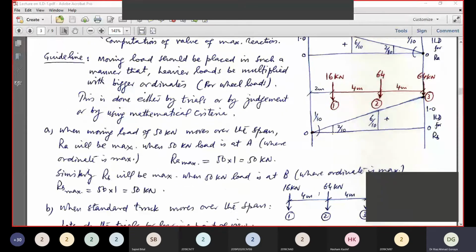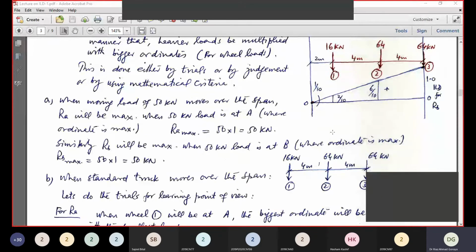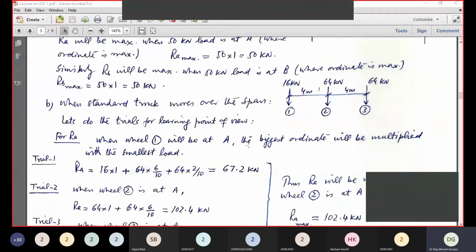So the first trial, when the wheel 1 is at A, 16 into 1 plus 64 into 6 over 10 plus 64 into 2 over 10. This will be 67.2. Now let's make second trial.